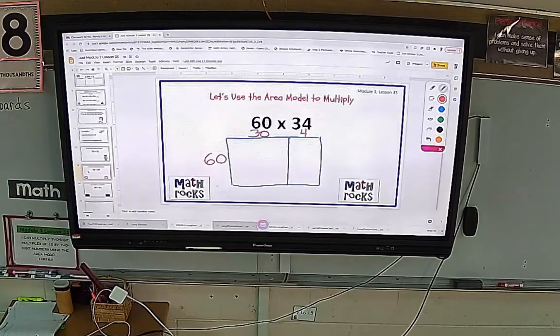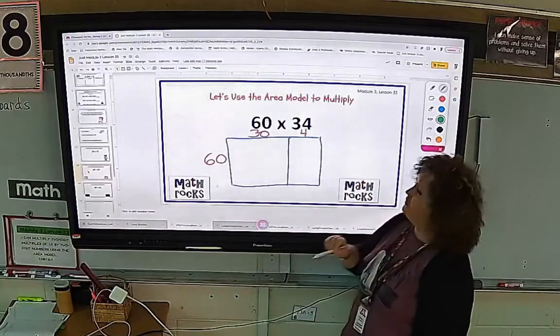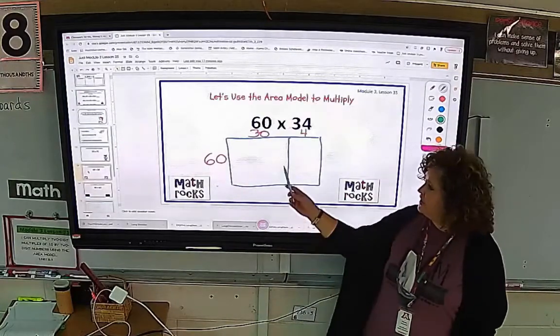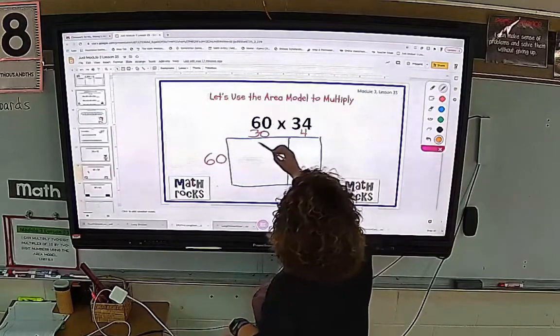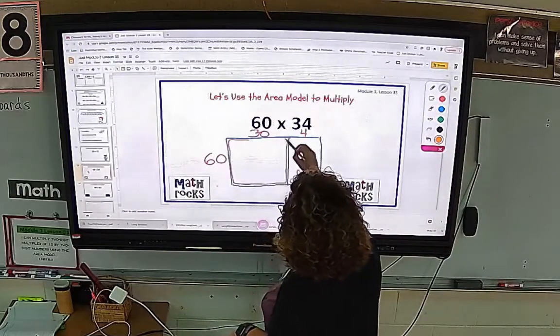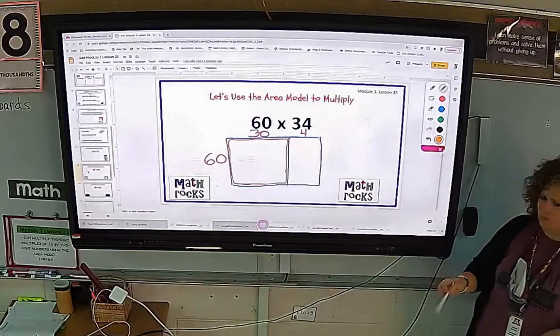All right. So just making sure we know how to set this up. Now all you've done is create for yourself some smaller math problems to do. Okay. I do want you to write the math problem in the box. If I'm looking at just this piece first, what I highlighted in orange, I guess that's orange, kind of an orangey yellow.